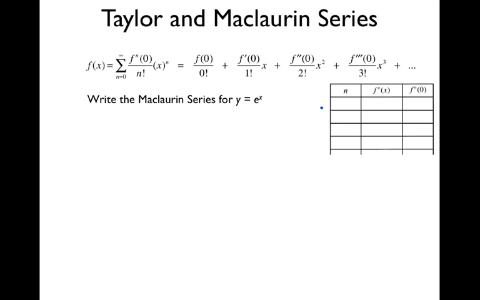So it's really helpful to make a chart to get those factors, right? What we're after is all the derivatives, or the first several derivatives, evaluated at 0. Okay, so we'll write in here, n equals 0, 1, 2, 3. And then once we have those, we just assemble it, right? The rest is just writing down the right factorial and x to the n. That's the easy part.